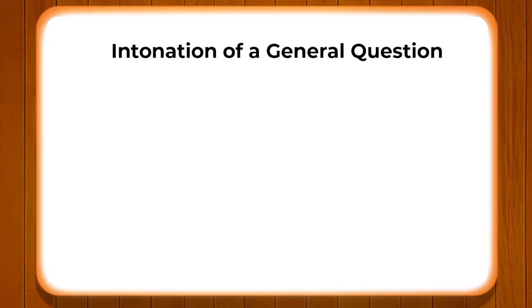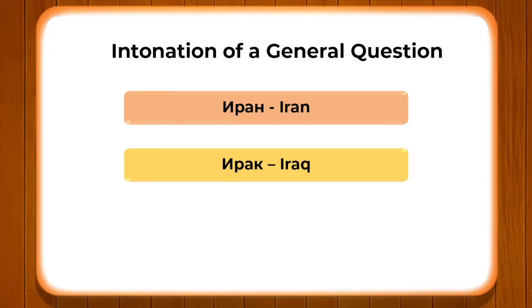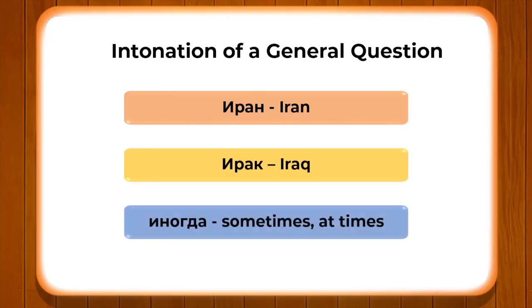Alright, let's go ahead and see some of the words which are very popular. "Iran, Irak, inogda." As you know, Iran and Iraq are names of countries, and "inogda" means sometimes, at times. So, we are actually taking you through certain concepts step by step.